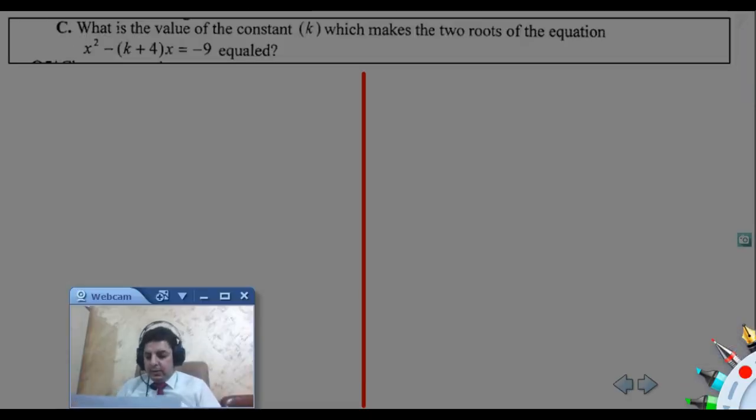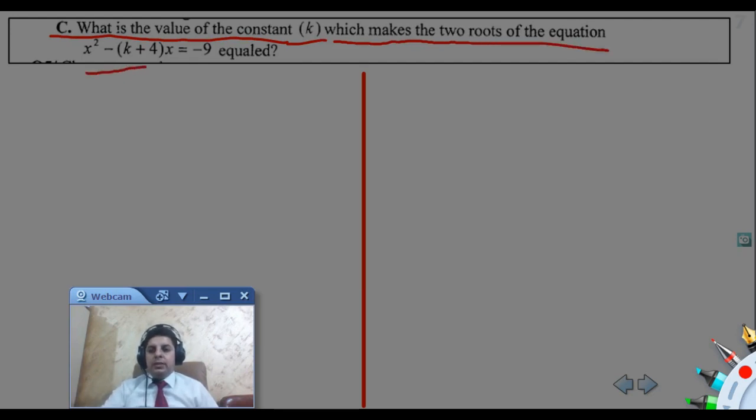Another question is a question for part C about the discriminant. Look at, that is part C, question 4 part C. What is the value of the constant k which makes the two roots of the equation x squared minus (k plus 4) times x equal negative 9 equal?